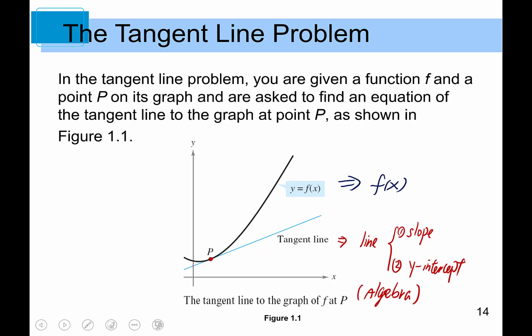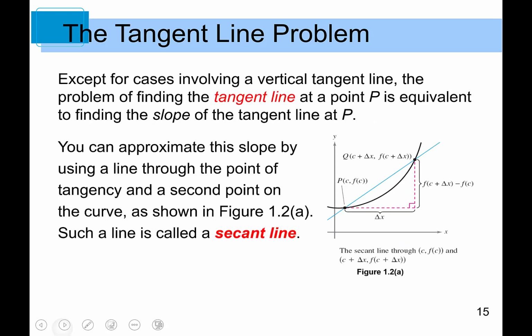So this is a typical demonstration of the tangent line at a point P. Finding the tangent line at a point P is equivalent to finding the slope of the tangent line at P.